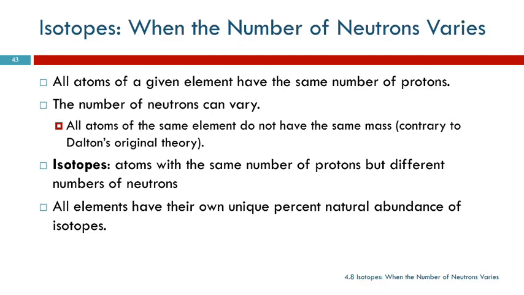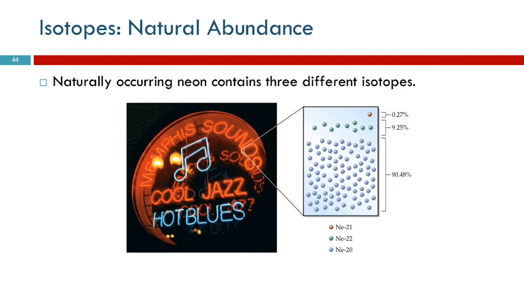Now, say you have an element that has 2 different isotopes, or 3, like neon in this example. Neon has 3 different isotopes. They're called neon 21, neon 22, and neon 20. If you have a sample of neon that is enough atoms that you could actually see it or handle it or have it in a balloon or a lamp, how many atoms do you think are going to be in there?